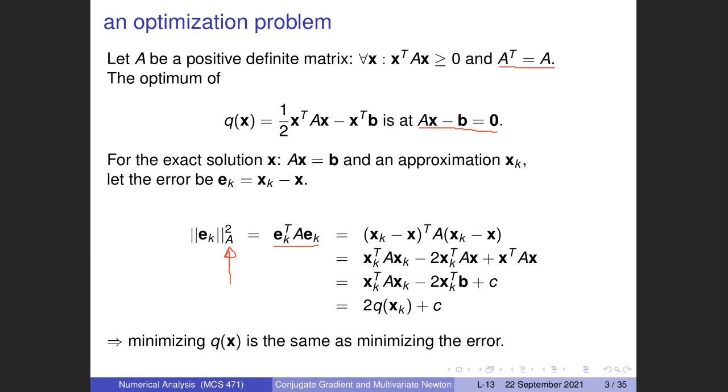So our special quadratic form Q is equal to our A norm, the vector norm that uses the positive semi-definite matrix A. So if you want to minimize the quadratic form, and we are going to minimize this quadratic form to solve the linear system Ax equals b, then if we can minimize the error term, we are minimizing the quadratic form.